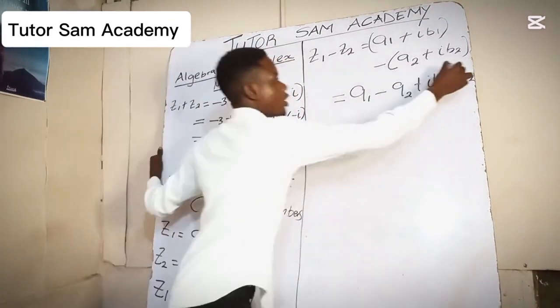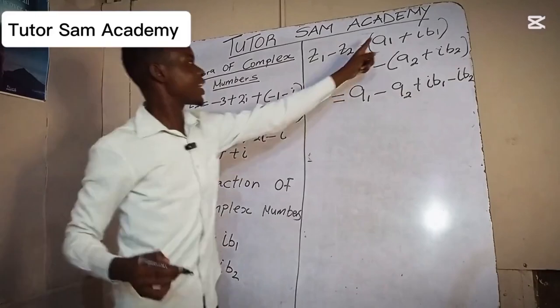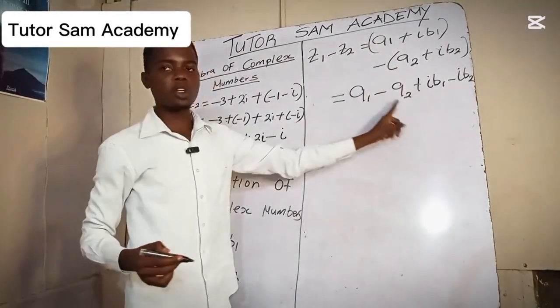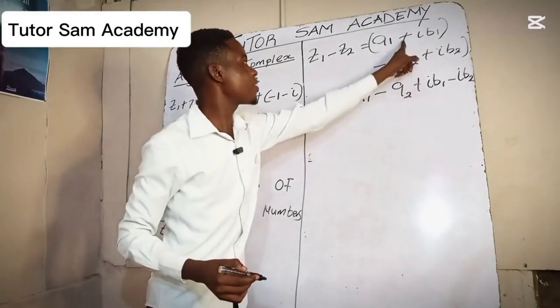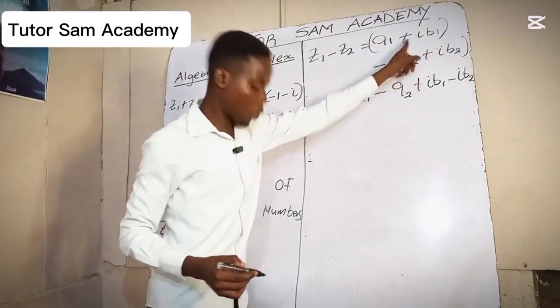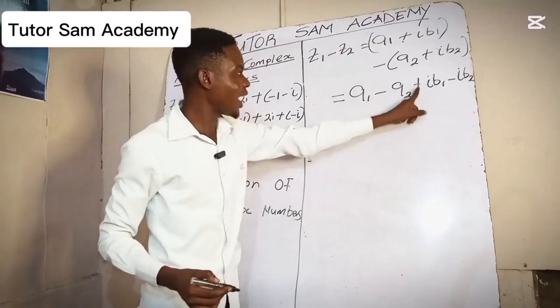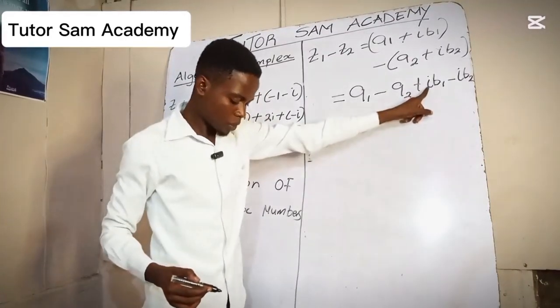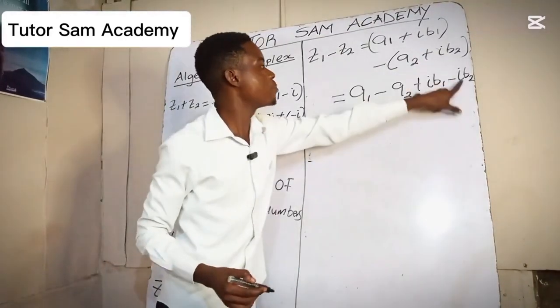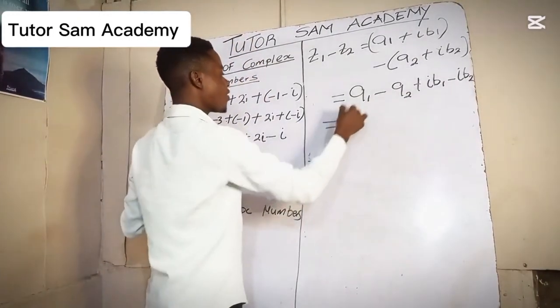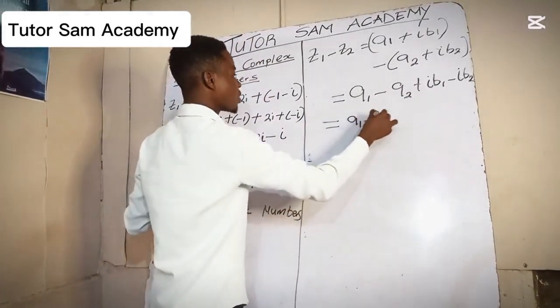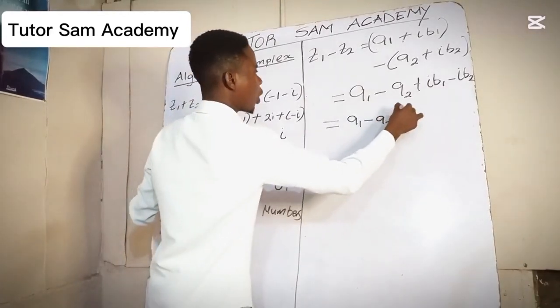This is A1 minus A2 because we are subtracting now. Then I write plus here because I'm having plus here. So this is plus IB1 minus IB2, because I'm subtracting them.